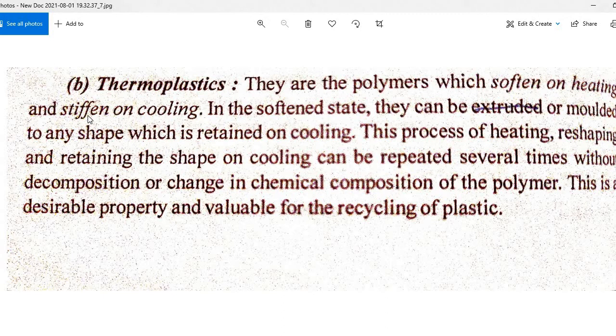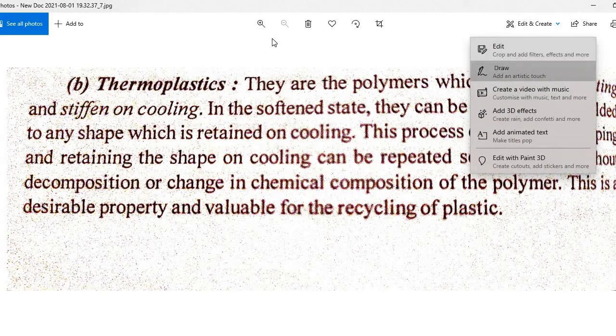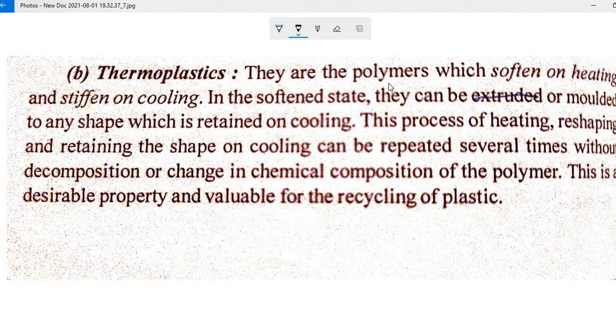They are the polymers which soften on heating and stiffen, or we can say harden, on cooling. तर बघा thermoplastic म्हणजे काय, those polymers which soften on heating and stiffen, or we can say harden, on cooling. हीट केल्यावरती सॉफ्ट होतात आणि त्याच्यानंतर त्याचं कूलिंग झाल्यावरती परत हार्ड शेपमध्ये येतात. त्यांना आपण काय म्हणतो, थर्मोप्लास्टिक्स. ओके, आणि जेव्हा ते सॉफ्टन स्टेटमध्ये असतं, जेव्हा ते सॉफ्ट असतं तेव्हा आपण त्याचा आकार बदलू शकतो.